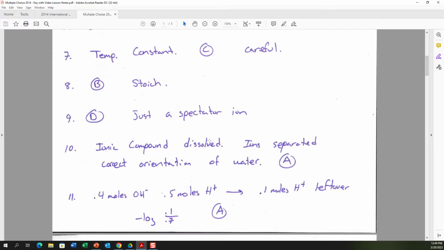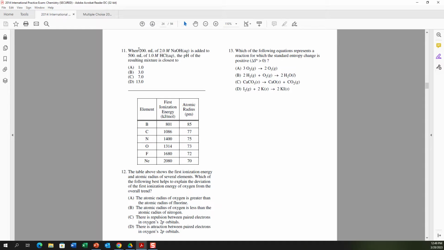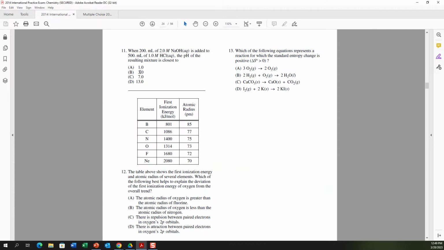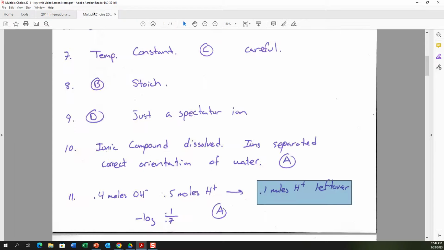So I have 0.1 moles of H plus left over, and the overall volume of the solution is 0.7 liters. So we have 0.1 over 0.7. Because you have a calculator, you could do the negative log of 0.1 over 0.7. It ends up being less than 1, so the best answer choice is that the resulting solution is going to have a pH of 1, so it's choice A.